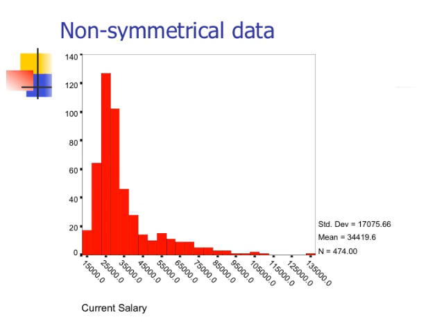in this data. Now you also see calculated over there by SPSS the mean for this sample, which is 34,419. And you can kind of position that on the x-axis down there. You can see that it's close to the left side. And then you see the standard deviation, which is 17,075.